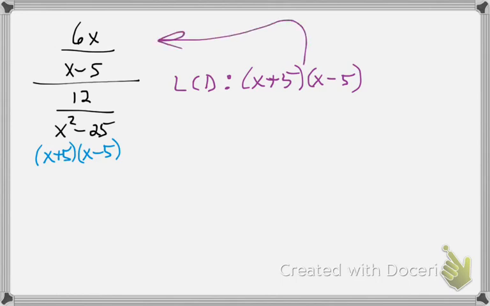Multiply to the top of the main fraction bar and multiply to the bottom of the main fraction bar. If I hit the numerator, 6x over x minus 5, with that LCD, what happens? You get 6x times x plus 5. What happened to the x minus 5? It canceled out.